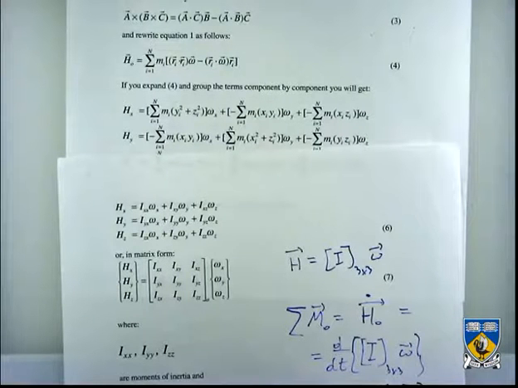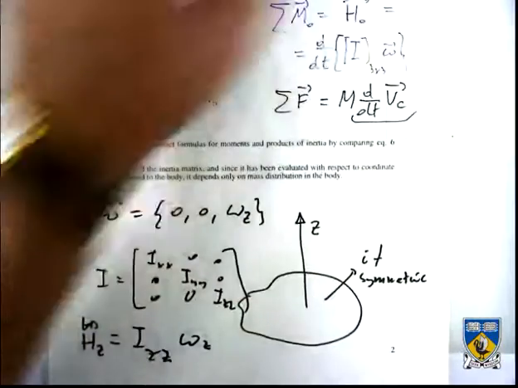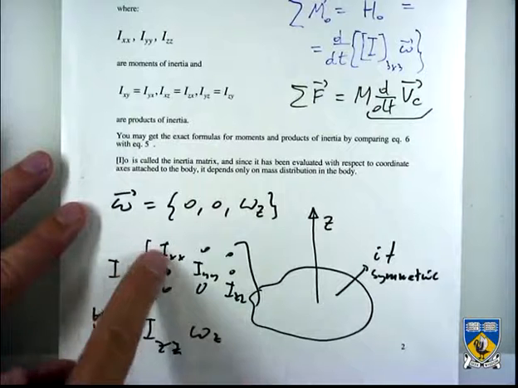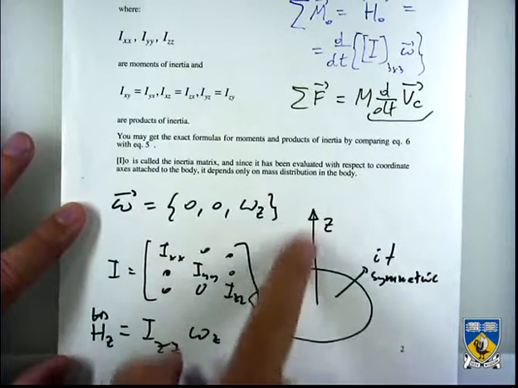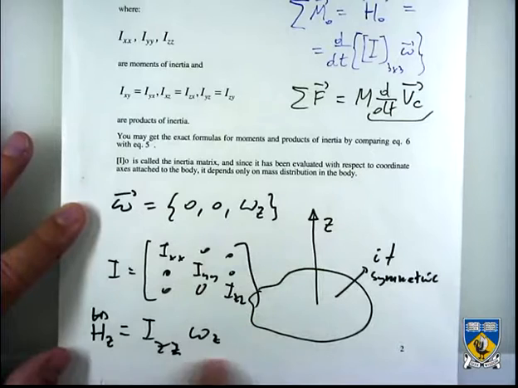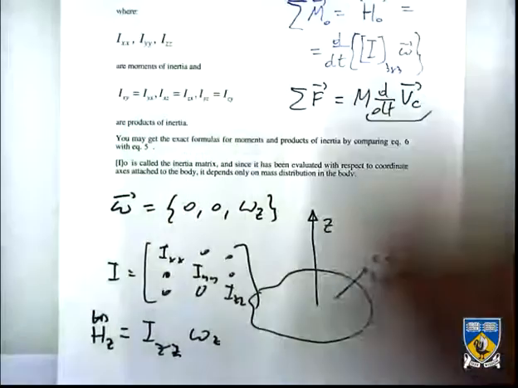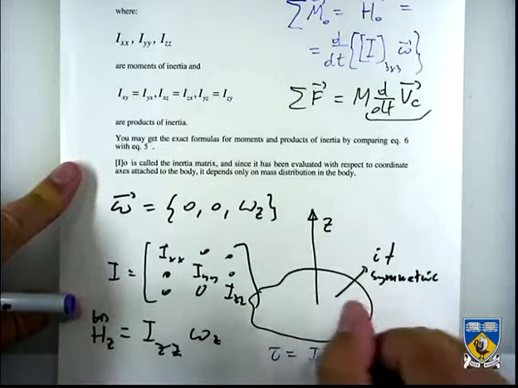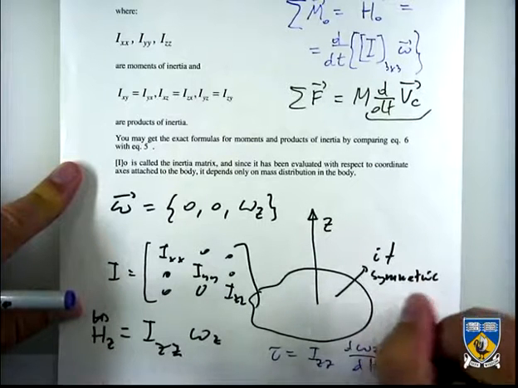Okay? Oh, I even have it here. Right? For a symmetric body, we have diagonal matrix of inertia, and rotation around fixed axis just gives this equation for angular momentum, and consequently the torque will be the derivative of this, which is Izz times d omega z dt.